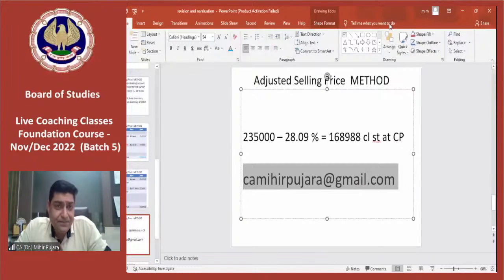On Saturday, we will complete this chapter, and if time permits, we will start bank reconciliation statement.